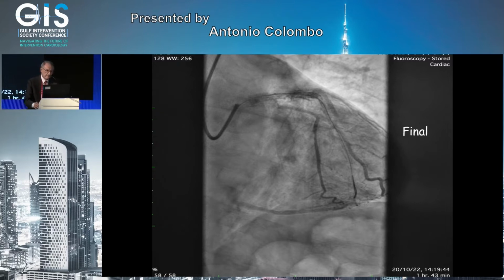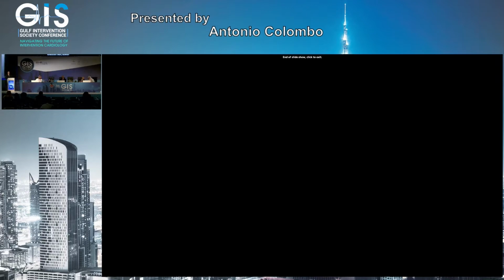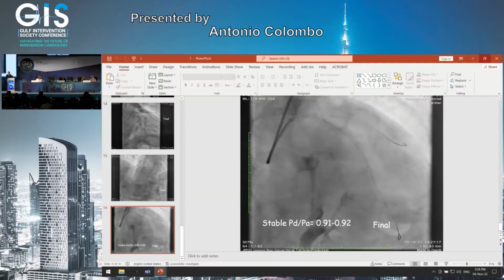It looks like you did not lose the septals. The septals were still patent, the small septal perforators at the distal part. Yeah, still patent after the drug. You see all the septals. Let me show also some other projections.